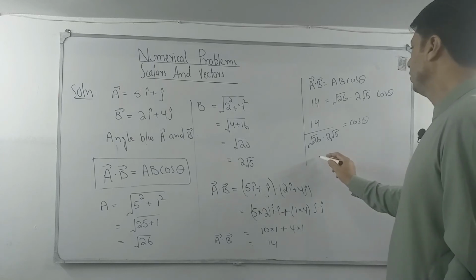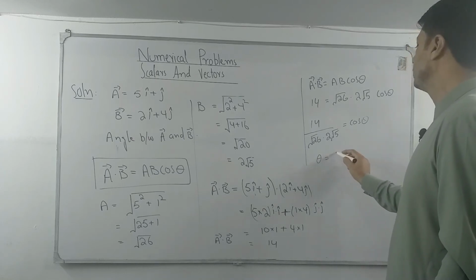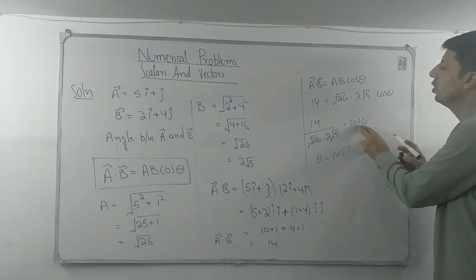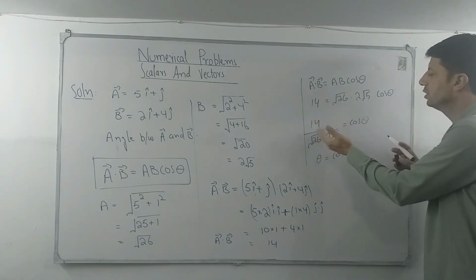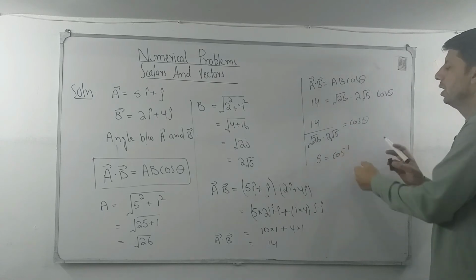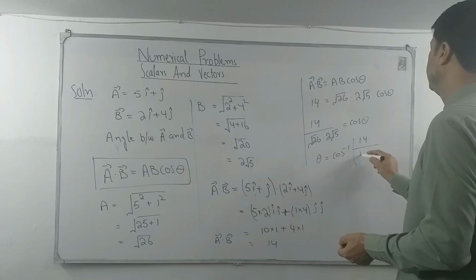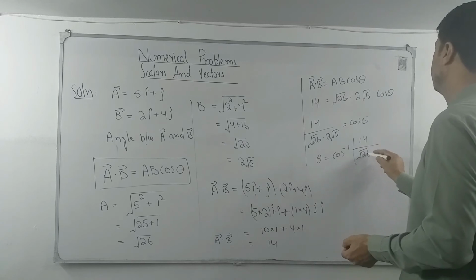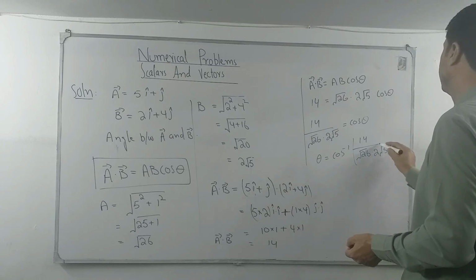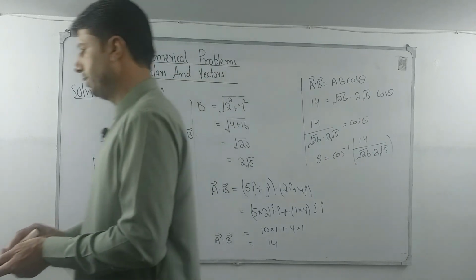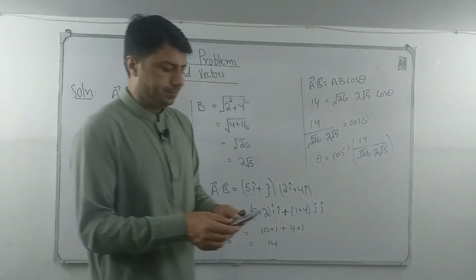Now theta is equal to cos inverse. We will shift this cos to the other side of the equation, and it will become cos inverse of 14 divided by under root 26 times 2 under root 5. Just put these values in the calculator and you will get the value for theta.